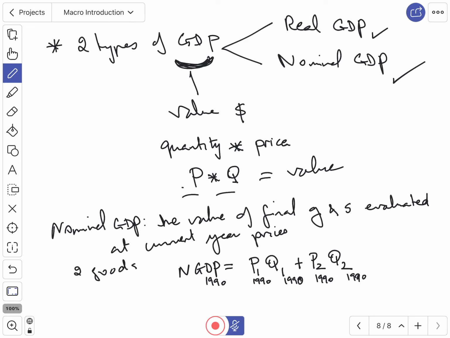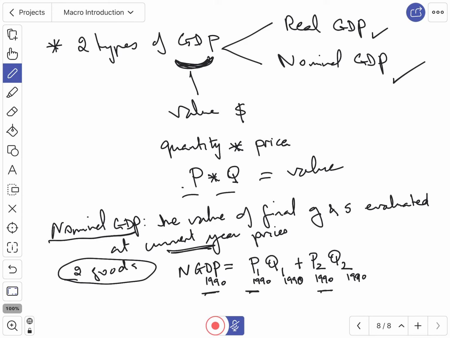So it's simple, right? P times Q for each good and service produced, and I'm just assuming, like this big assumption, the economy has only two goods. So the computation of nominal GDP is the value of final goods and services evaluated at current year prices. So for 1990, the current year prices are used.